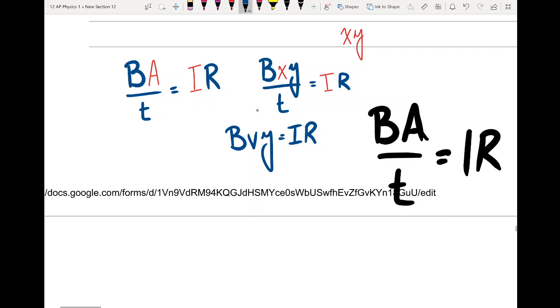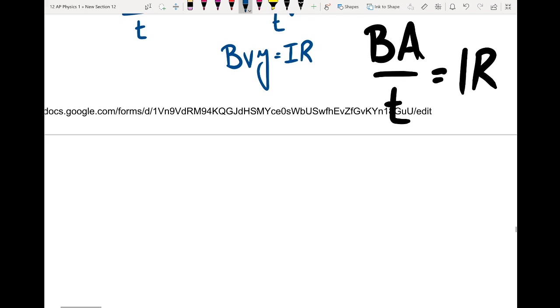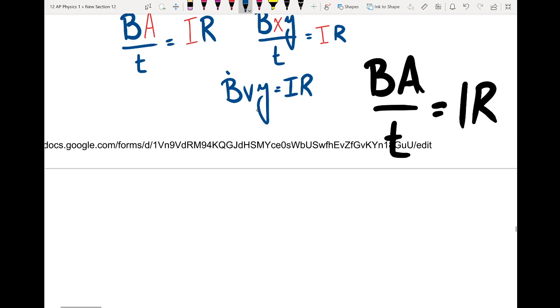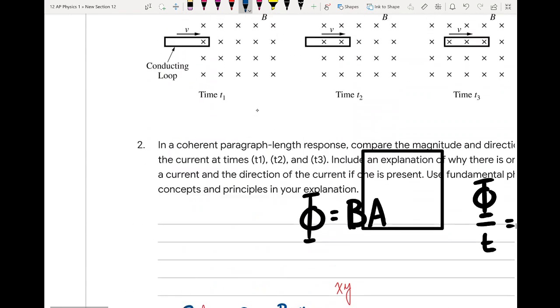Then, thinking about what's constant, this magnetic field is constant, this velocity we said was constant, this y is constant, this R is constant, which means that our I is constant. So that's a huge idea.